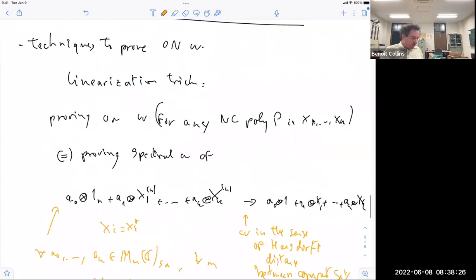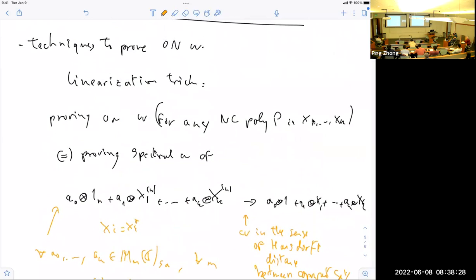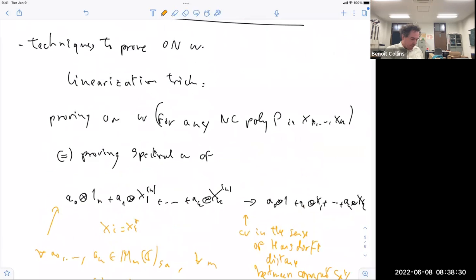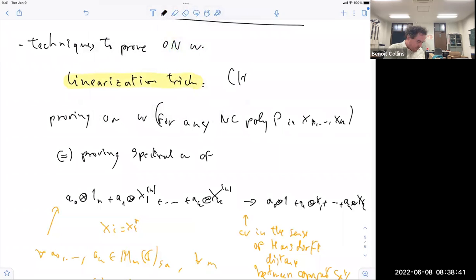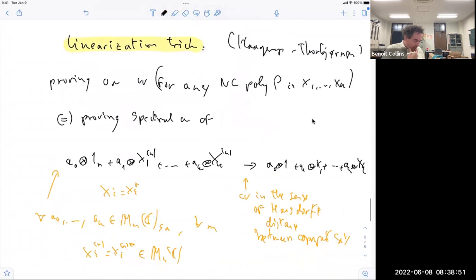The thing here is that this linearization trick is due to Haagerup and Thorbjørnsen.